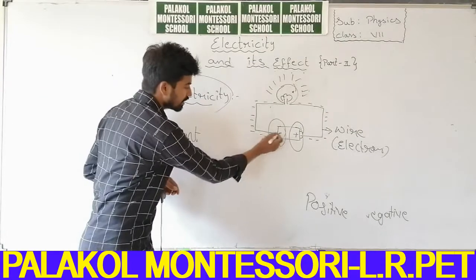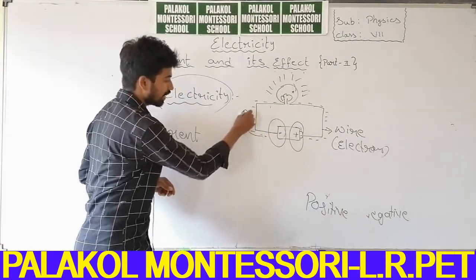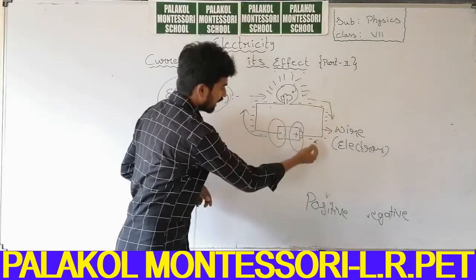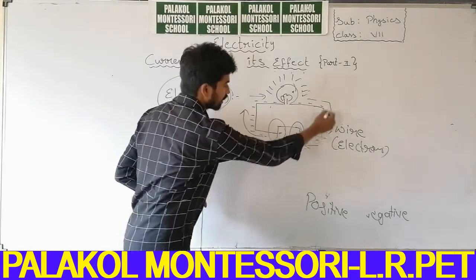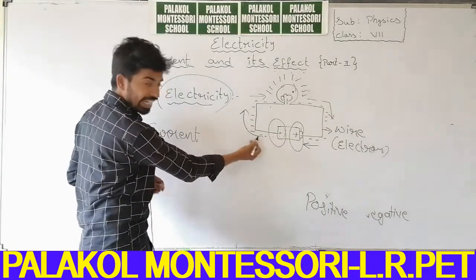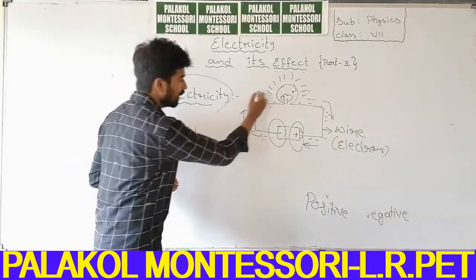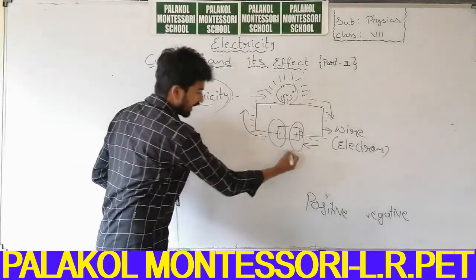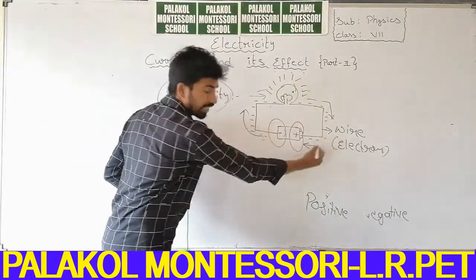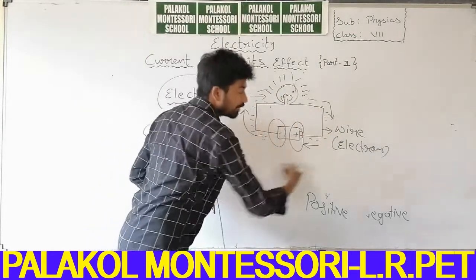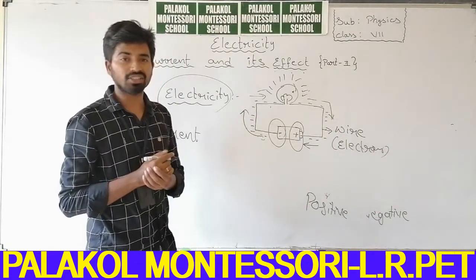So what will happen? Negative and negative will repel, so electrons will move in this direction, and negative and positive will attract. In this way the electrons move in the wire. What do you mean by electrons?